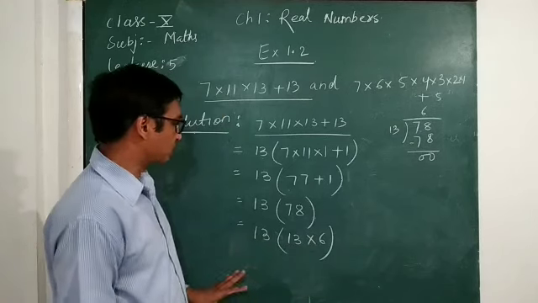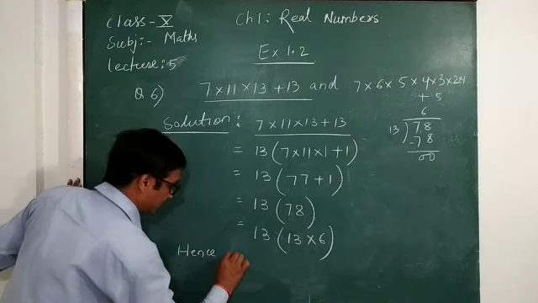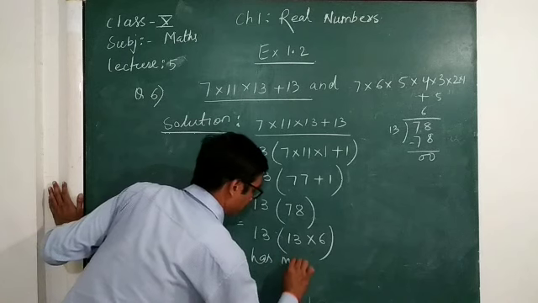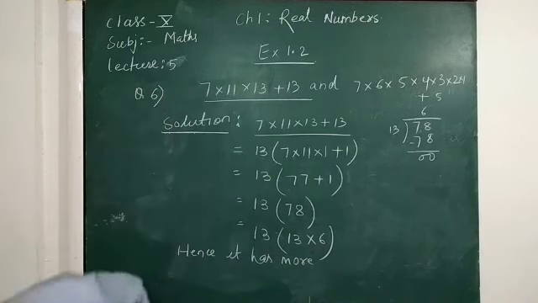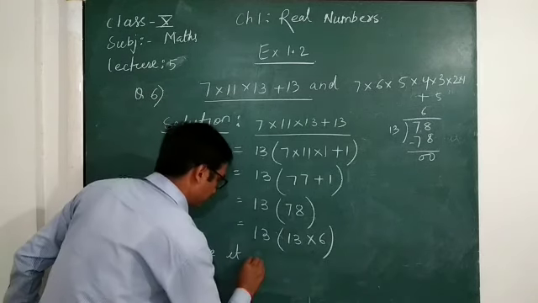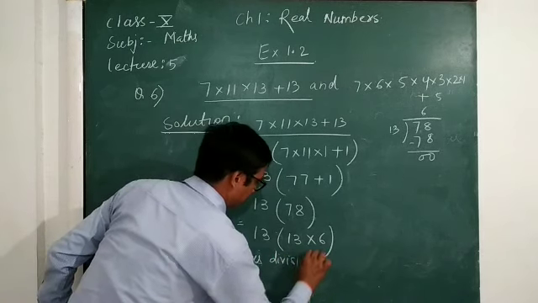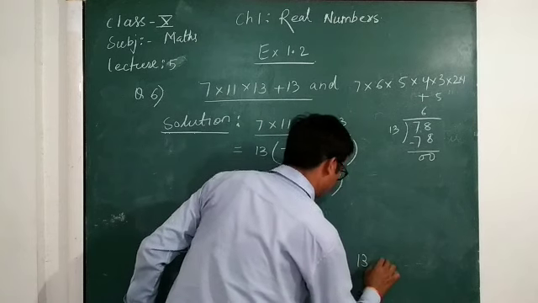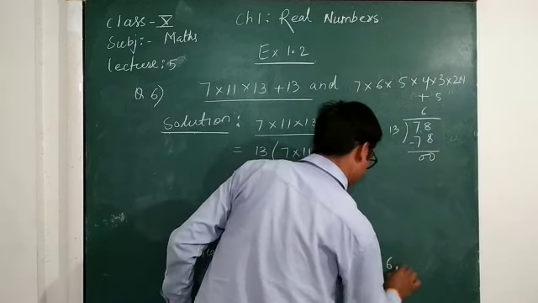So from this you can say, hence, it has more factors, or you can write it is divisible by 13 and 6.